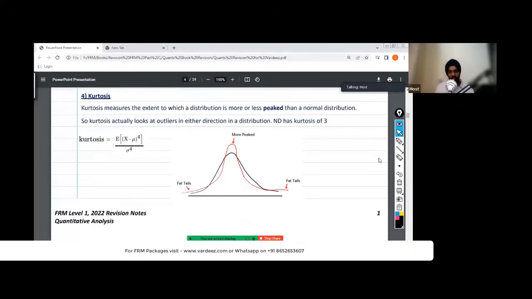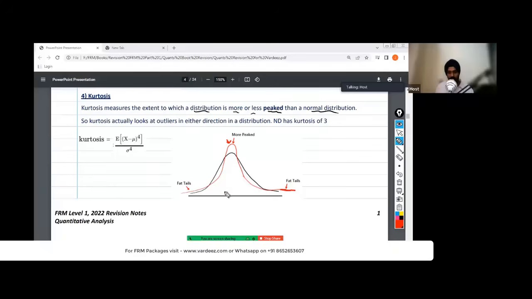What about kurtosis? Kurtosis is the fourth moment that we have, and it also tells you about the data. Now, what does kurtosis tell you? It tells you whether the distribution is more or less peaked than the normal distribution. So we are comparing against a normal distribution. If you see this one, it's a normal distribution, and in the red one that we have over here, with kurtosis in the data, the tails are very fat.